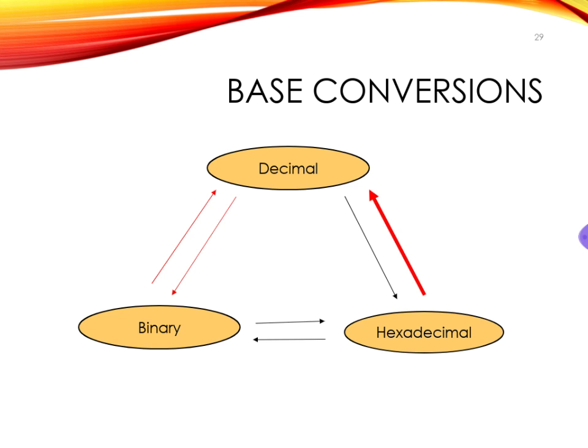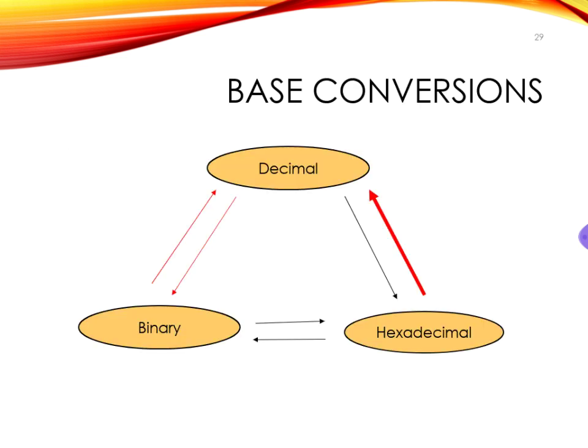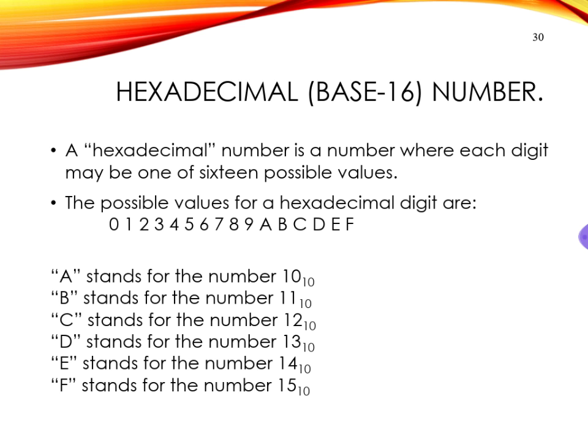So we have looked at so far how we can convert decimals into binary and the other way around. So now we will look at how we can convert hexadecimals to decimals. So let's try to get a better idea of what hexadecimal numbers are. A hexadecimal number is where each digit may be one of the 16 possible values.